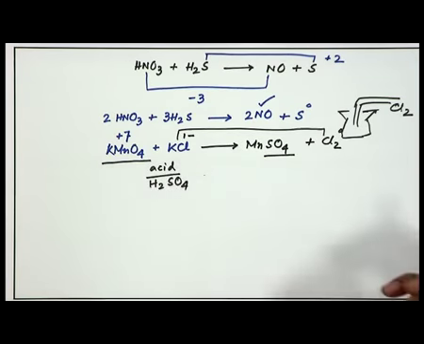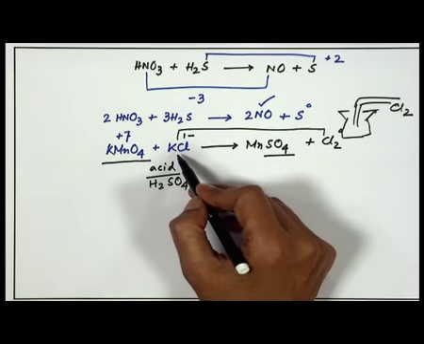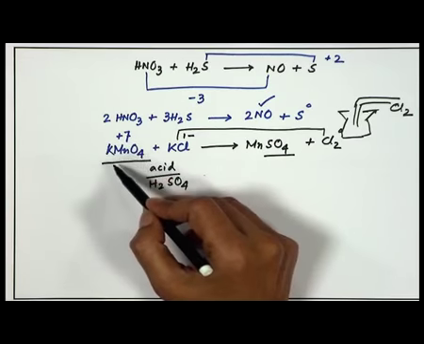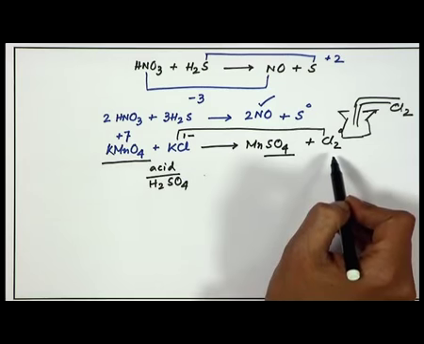So, in presence of that sulphuric acid, KCl will be oxidized in a reaction where this KMnO4 is utilized for its oxidizing power for the production of chlorine gas.